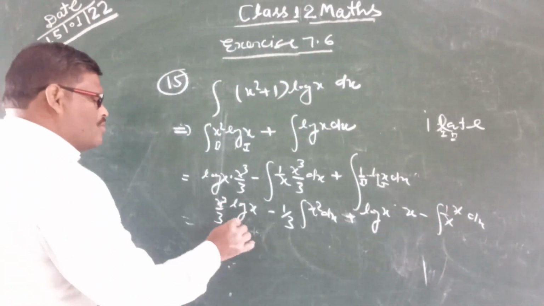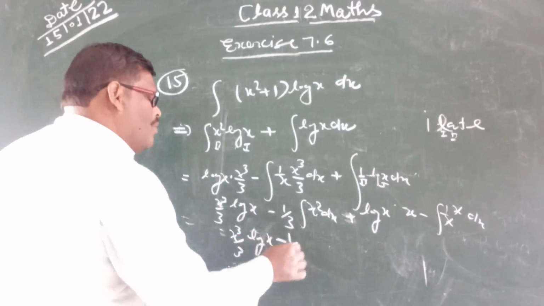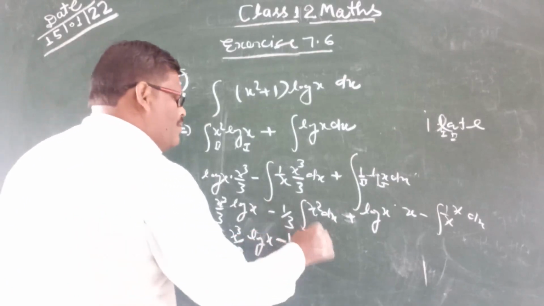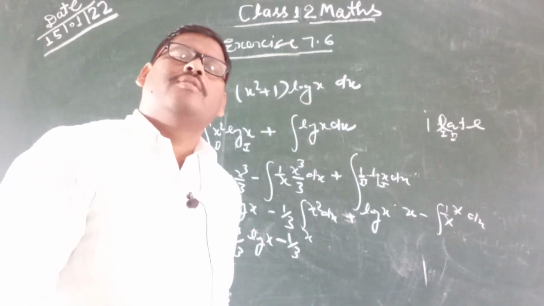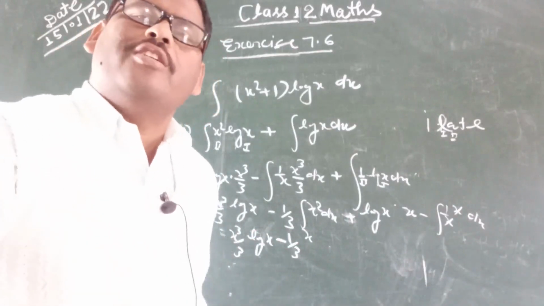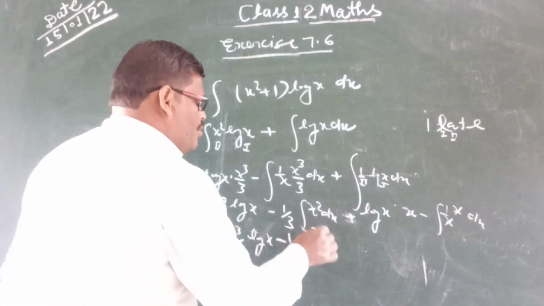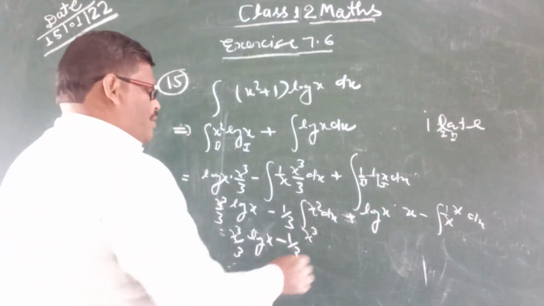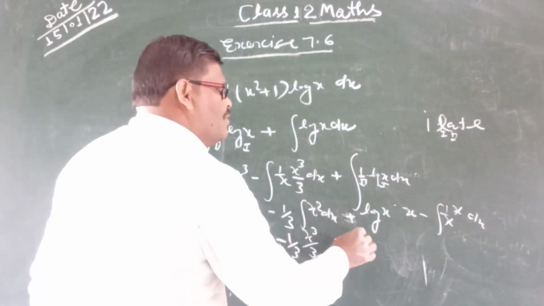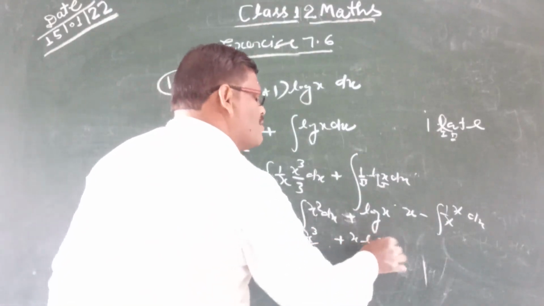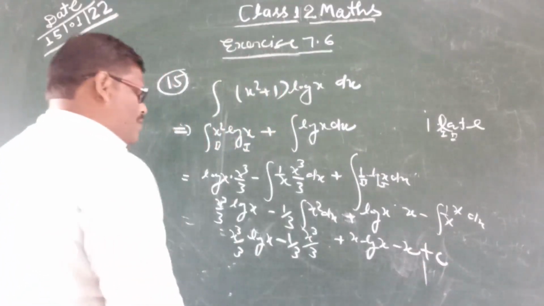Now we have x cube by 3 log of x minus 1 by 3 times x cube by 3, plus x log x minus x, plus integral constant c.